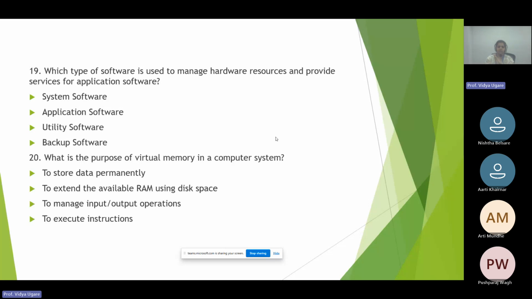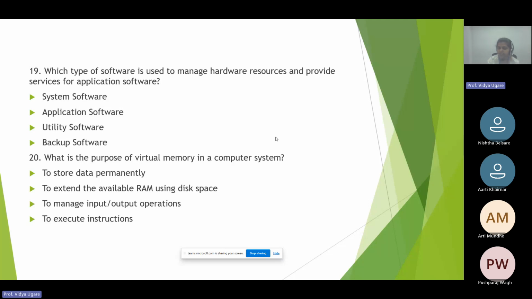In such a situation, virtual memory will help. It will take hard disk space. Let's say you have a 500 GB hard disk drive. From that drive it takes some space, say 2 GB you allocate. That 2 GB of hard disk space will work like RAM for me. That memory is called virtual memory.